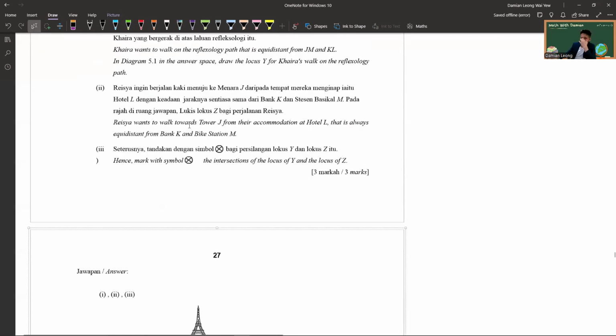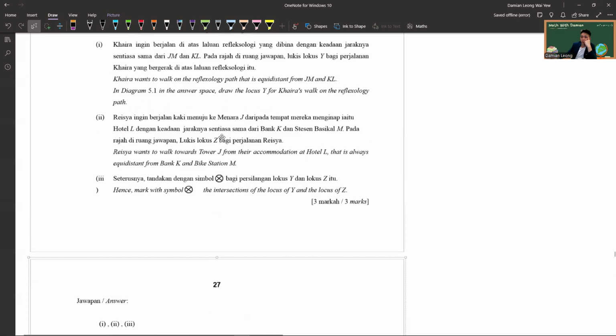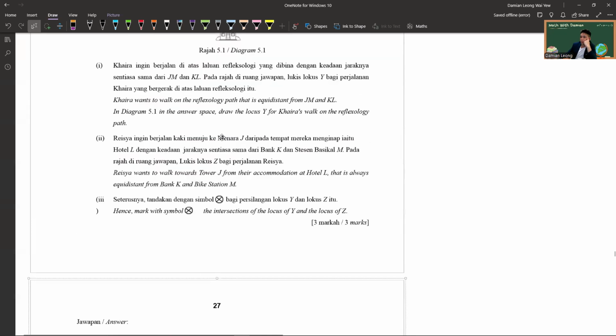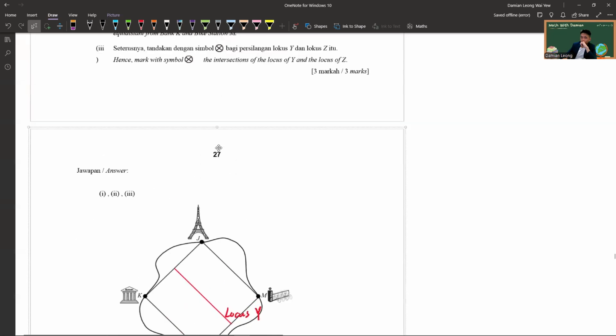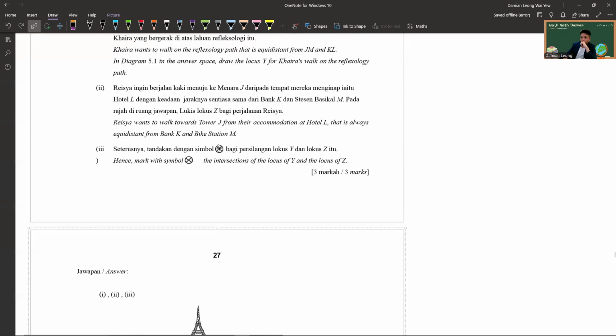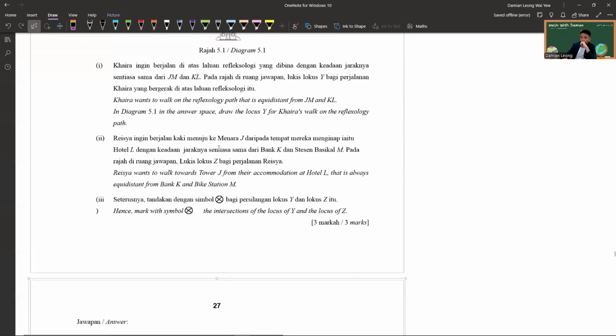Then locus Z. Risha wants to walk towards Tower J from the accommodation at Hotel L, equidistant from Bank K and bike station M. Sorry, my bad.